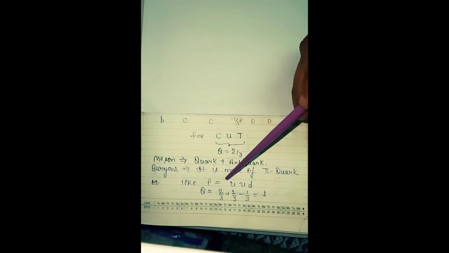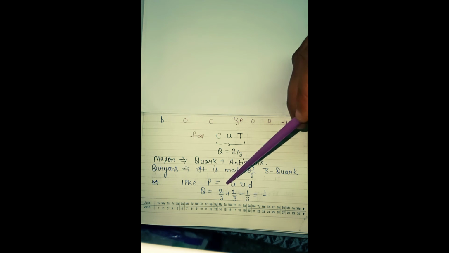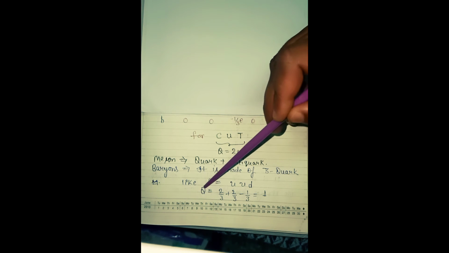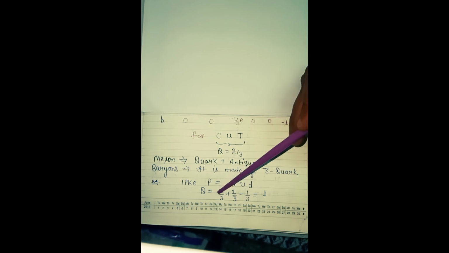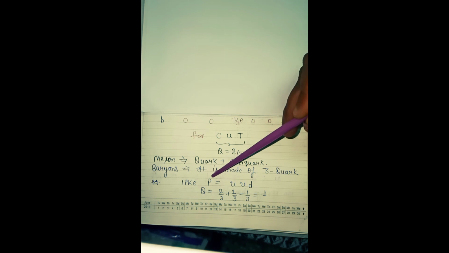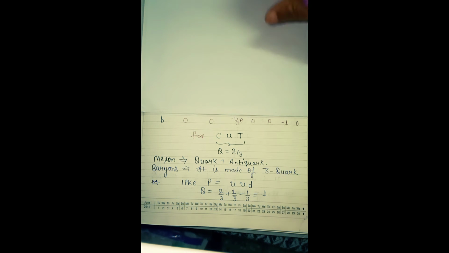Let's check whether its properties are satisfied. At first, check charge. The up quark has charge 2 by 3, another up quark has charge 2 by 3, and the down quark has charge minus 1 by 3, so the total charge is plus 1, as for the proton.